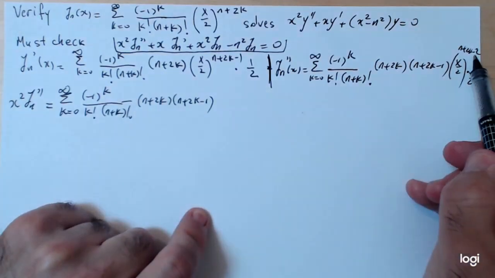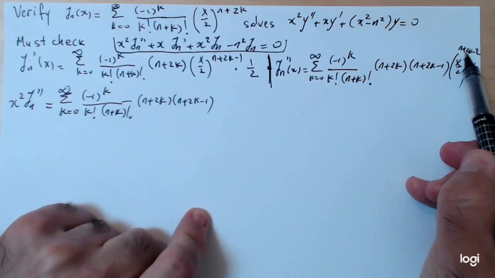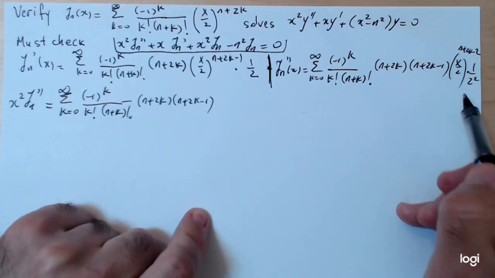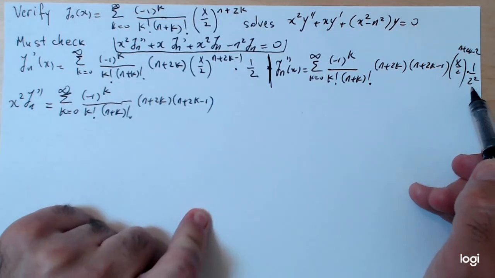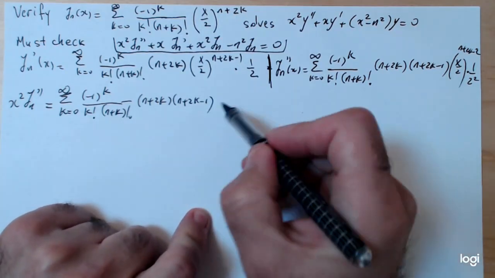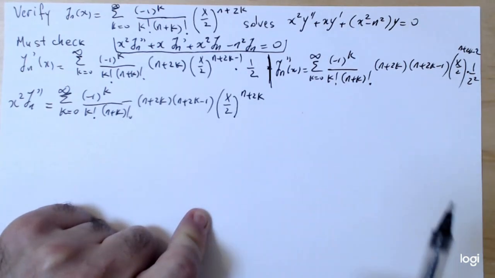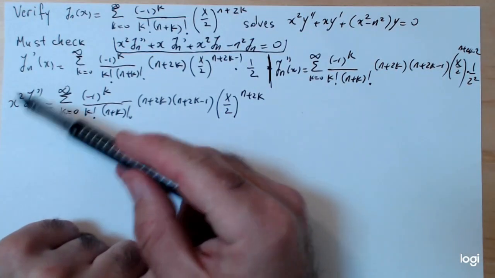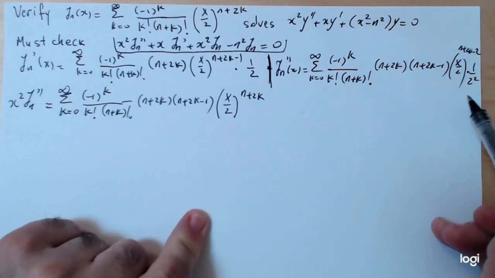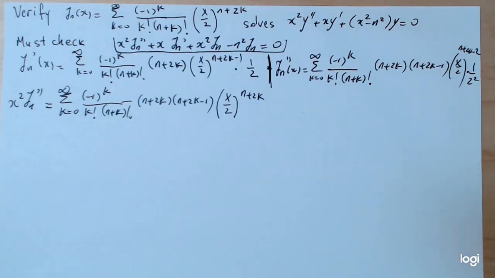And notice now that x to the n plus 2k minus 2, if I multiply by x squared, this becomes n plus 2k again. And as I mentioned before, 2 to the negative 2 will cancel with 2 squared. So when we simplify everything here, we're left again with x over 2 to the power n plus 2k. Okay, so x to the minus 2 will cancel with x squared. They become 1. 2 to the negative 2 with the 2 squared, again, they become 1. So that is the most compact form for x squared Jn double prime.